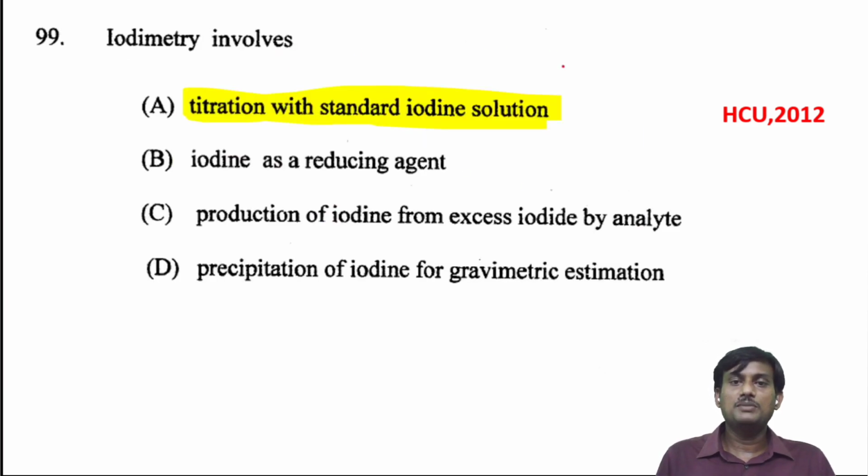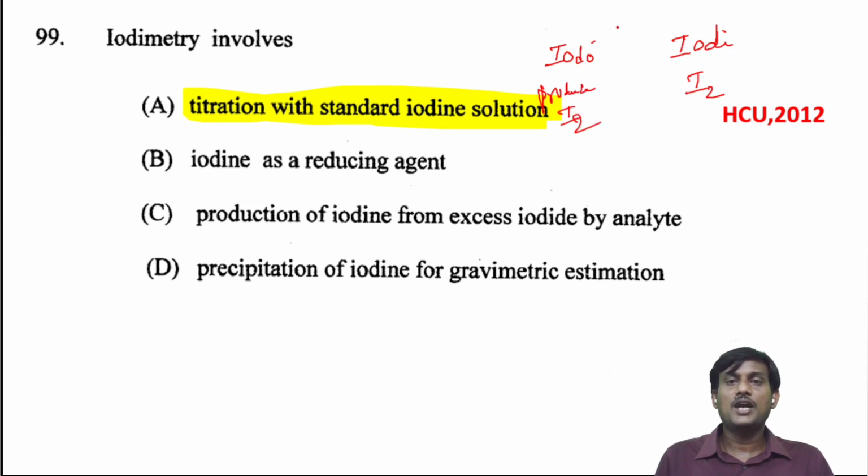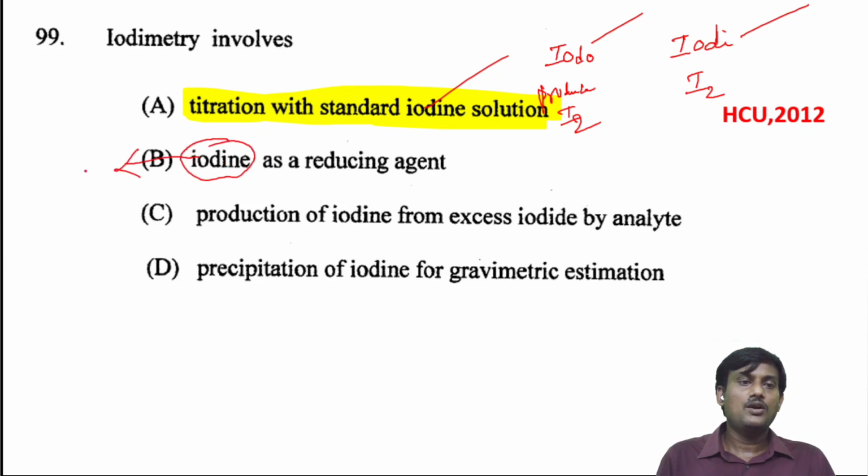Iodometry and iodimetry. In iodimetry, we use I2. In iodometry, we produce I2 in a previous step. This is the main difference between iodometry and iodimetry. In the case of iodimetry, it is titration with standard iodine solution, and iodine acts as an oxidizing agent.